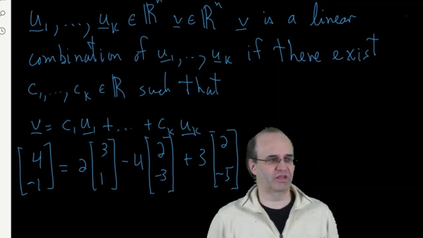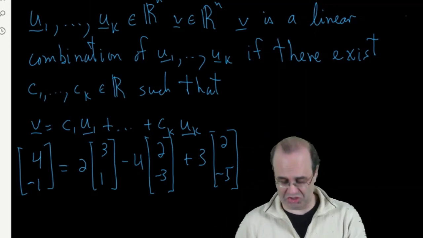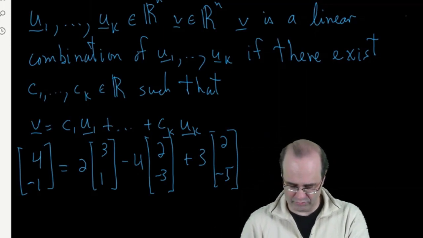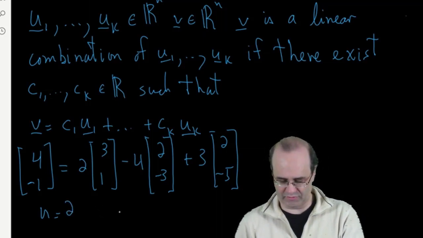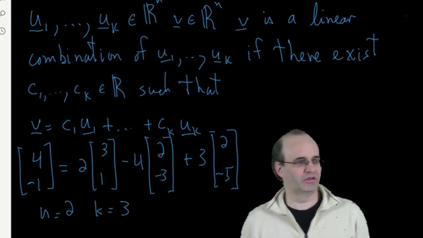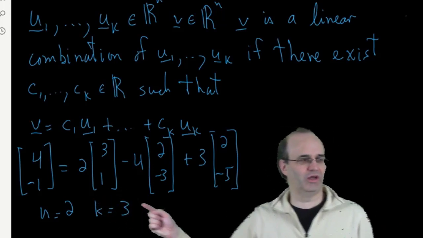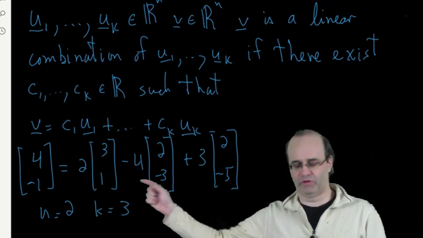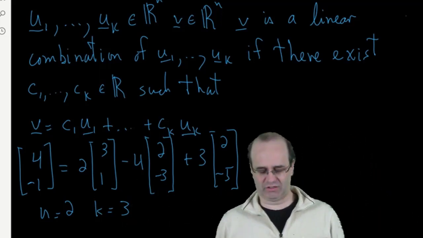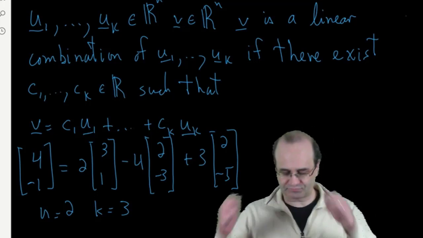In this specific example, n is just 2. These are just vectors in R2. k is equal to 3. We've got 3 vectors. This is u1, this is u2, this is u3, and the first vector, (4, -1), this is v.